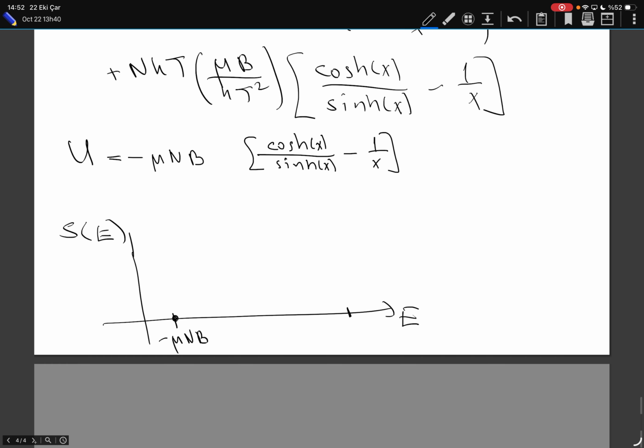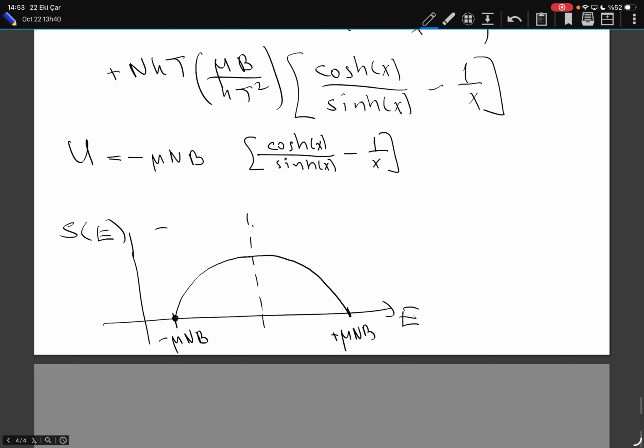When E is equal to plus mu B, all the magnetic dipole moments are anti-aligned with the external magnetic field. Again, there is just a single configuration, so the entropy is again 0. And somewhere the entropy first increases with energy, and then it decreases with energy.